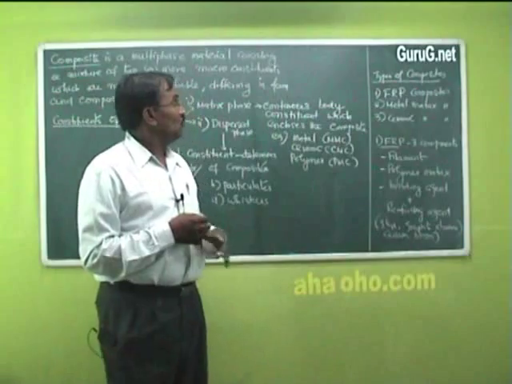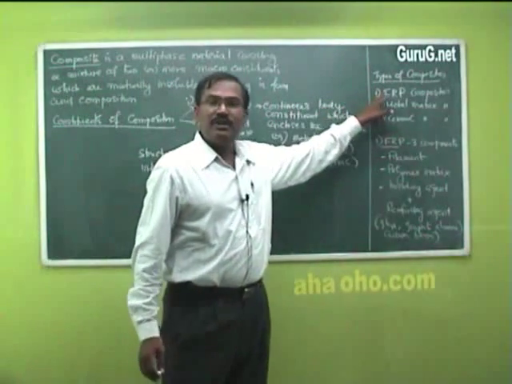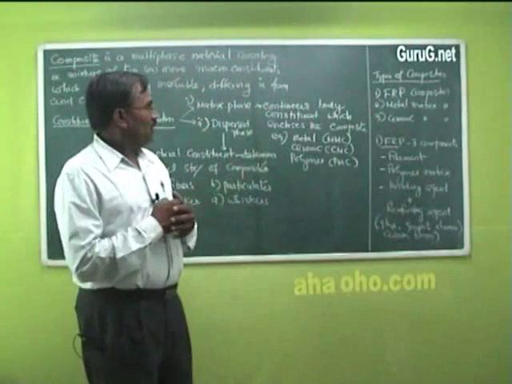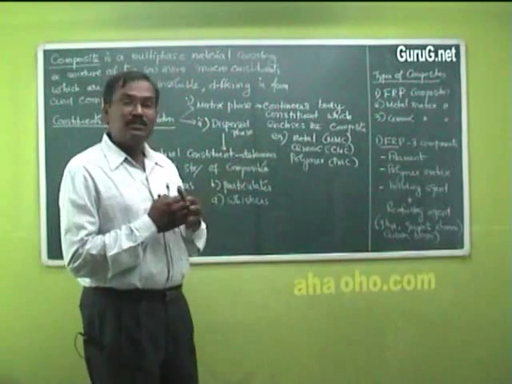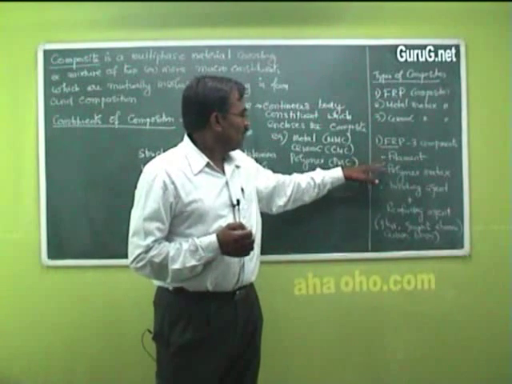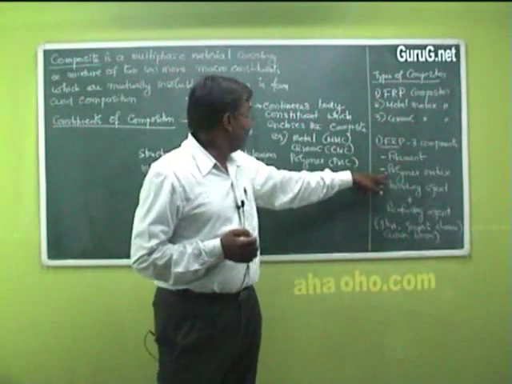Anyhow, our consideration is only on the first, fiber reinforced composite. Fiber reinforced composite has three components. One is the filament, and the other one is the polymer matrix.